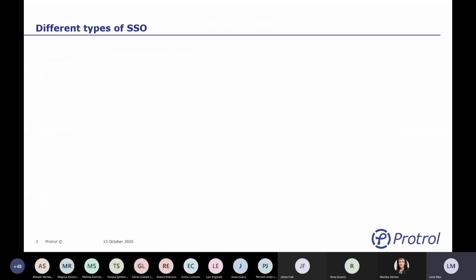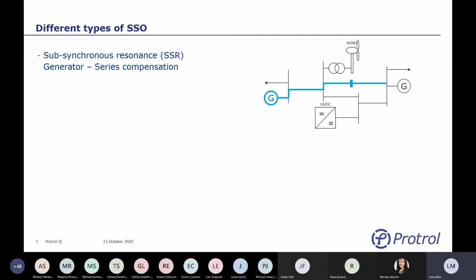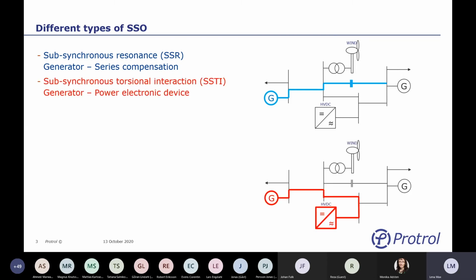There are different types of subsynchronous oscillations, depending on which components are included. We have subsynchronous resonance, which is the oscillation between the mechanical system in the generator and a series compensated line. Then we have subsynchronous torsional interaction, which is the oscillation between the mechanical system in the generator and some kind of power electronic device.